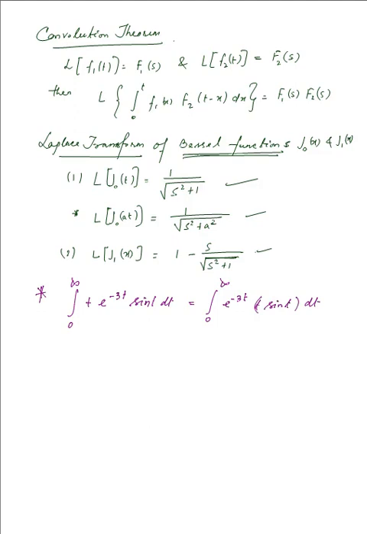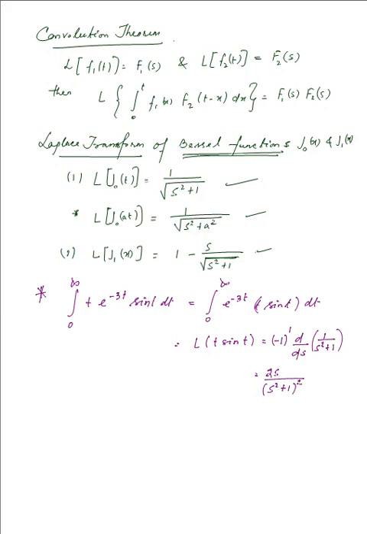Now for the Laplace transform of t sine t, we know that for t raised to the power n times f of t, we get minus 1 raised to the power n, in this case n being 1, times the nth order derivative, so we are taking the first order derivative here with respect to s of the function F(s). Now for sine t, we have 1 over s squared plus 1, and this is going to give us 2s over s squared plus 1 whole squared, the negative taken care of with the derivative done.